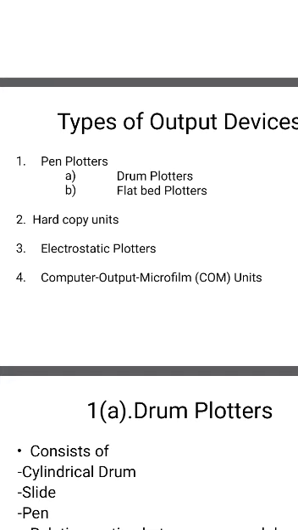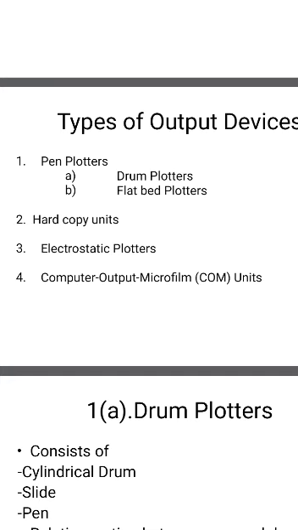A flatbed plotter is a mechanical drafting device used with many CAD programs. The paper remains stationary on a flat surface while a pen moves across it horizontally or vertically.